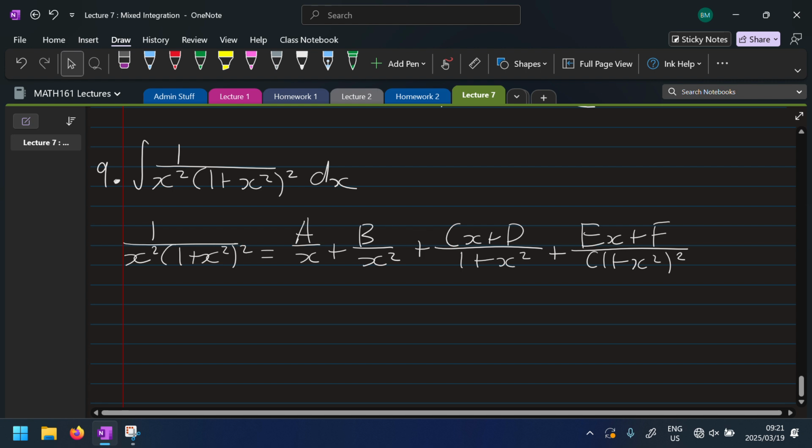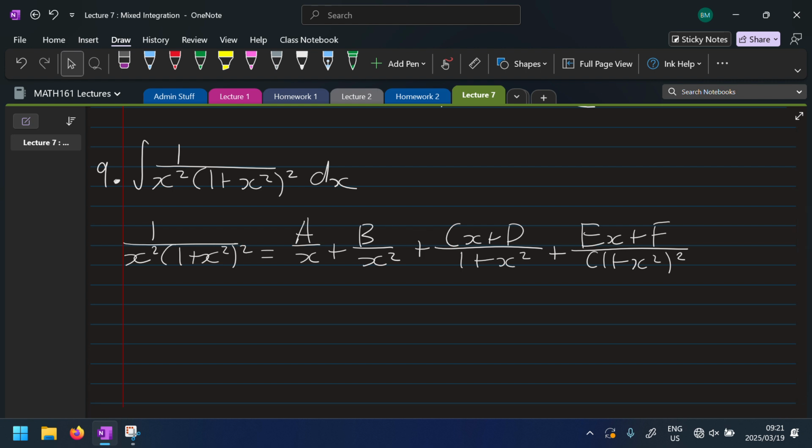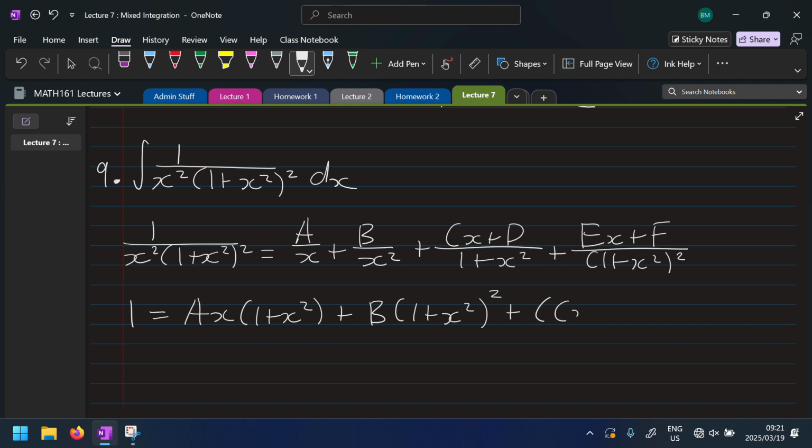Now we can clear the denominator and solve for a, b, c, d, e, f. So we're going to have 1 is equal to ax(1 plus x squared), plus b. The x squared is going to cancel, so that's going to be (1 plus x squared) squared, plus cx plus d.